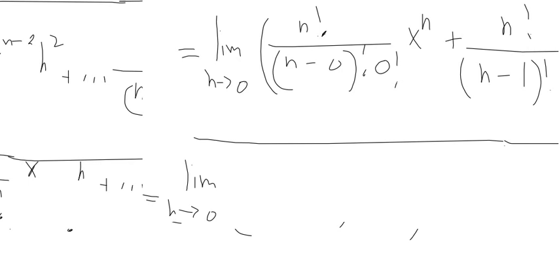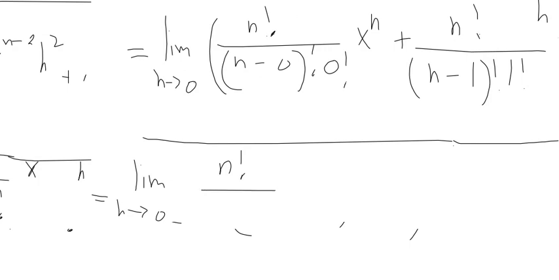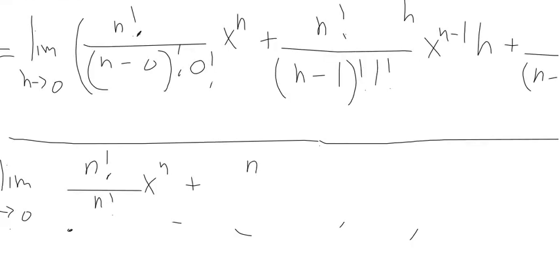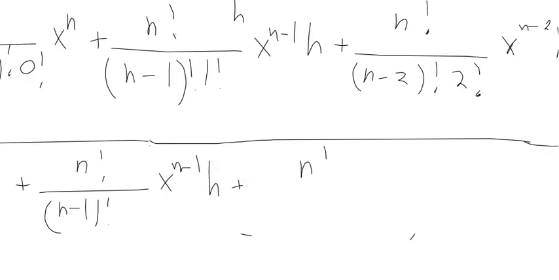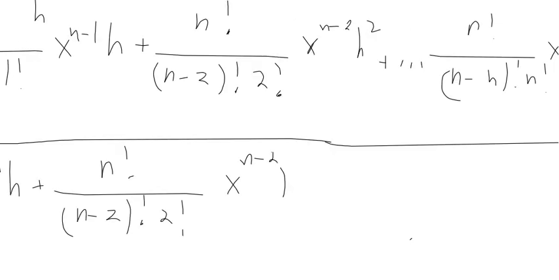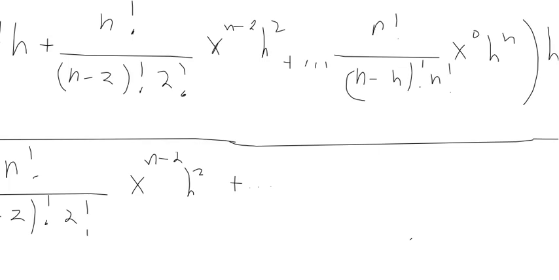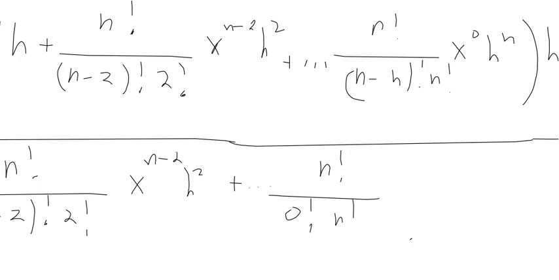I'm left with n factorial over n factorial x to the n, plus n factorial over (n minus 1) factorial, which is 1, times x to the n minus 1 times h, plus n factorial over (n minus 2) factorial times 2 factorial times x to the n minus 2 times h squared, plus dot dot dot, n factorial over 0 factorial times n factorial times x to the 0, which is 1, so this becomes h to the n.